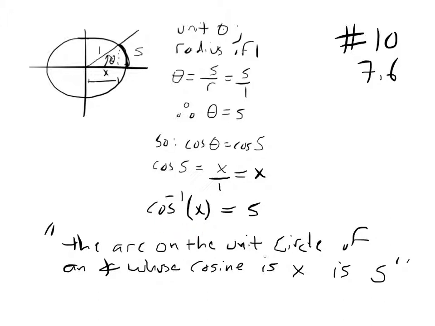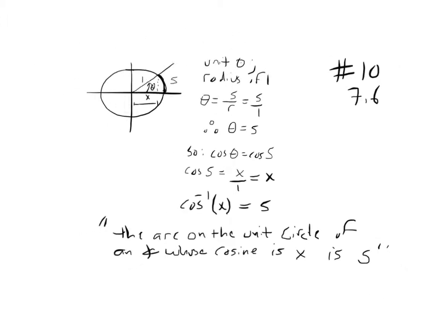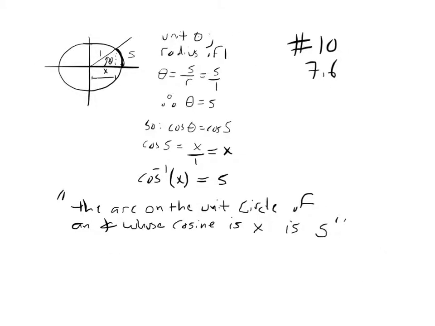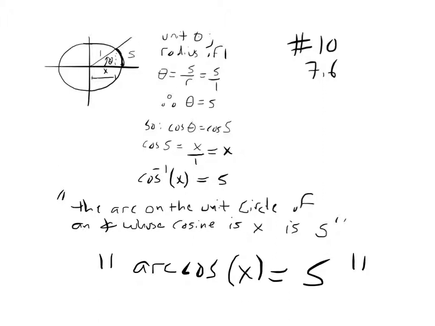Then if I simply shorten that sentence down, let's just call that arc cosine of x equals s. And that's where the arc sine, arc tangent idea came up. Again, these two notations mean exactly the same thing, and they're interchangeable.